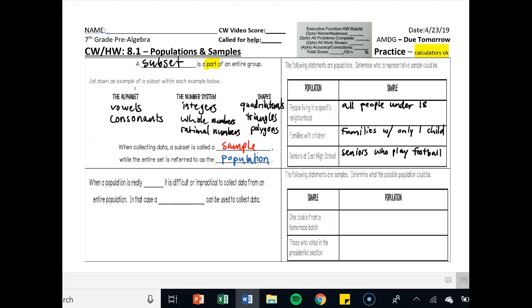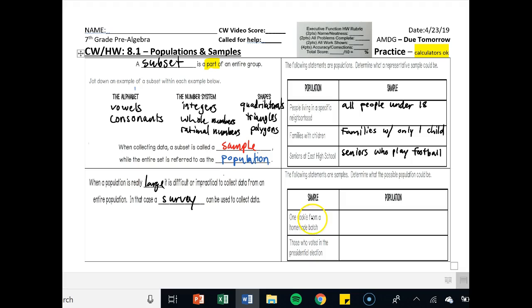So when a population is really large, it is often difficult or impractical to collect data from everybody. In that case, we use what's called surveys, and a survey can be used on a sample of that population. So let's go backwards. If we have samples, what population do you think they represent?